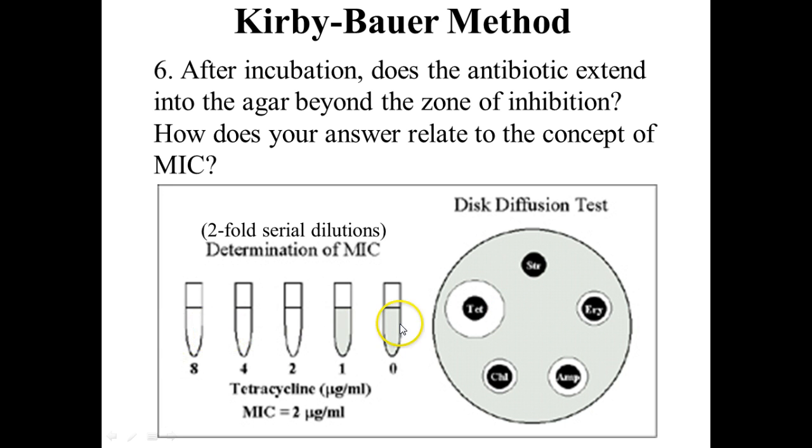And so there are different ways you could do a serial dilution for this, right? Where you have a set number of bacteria and you dilute out the concentration of the antibiotic. And you'll see that there's still turbidity in these tubes, right? So they're still growing. And tube 2, that's the lowest concentration. It was 2 micrograms per milliliter that actually stopped the growth of the bacteria, right?